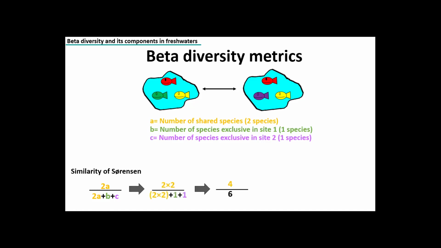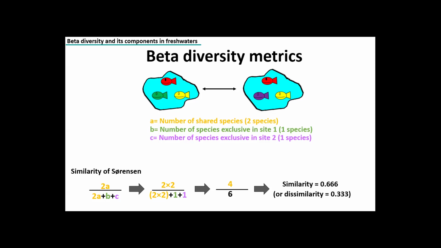And 2 multiplied by 2 plus 1 plus 1 is 6, according to this index. Finally, 4 divided by 6 equals 0.666 of similarity, or 66% of similarity.